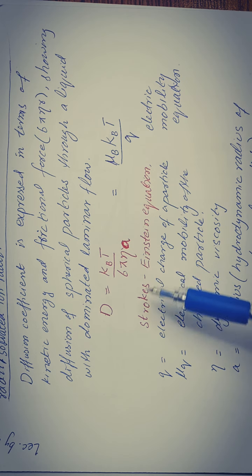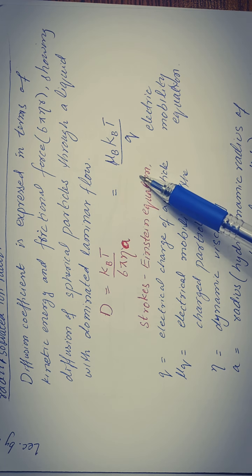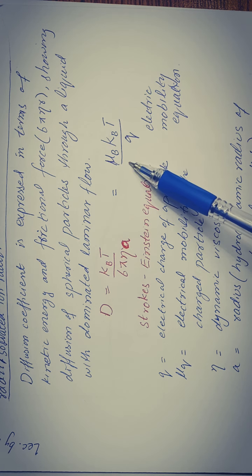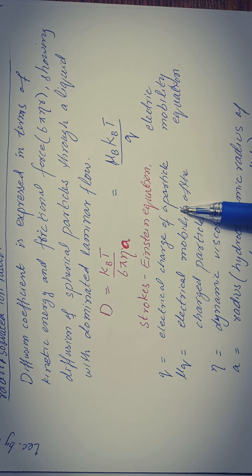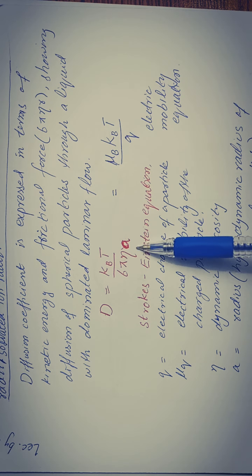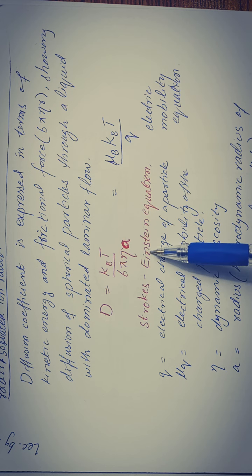This equation is equivalent to the electric mobility equation, that is mu kBT over q, where mu is the electrical mobility of the charged particles, where q is the electrical charge of a particle. So in this equation and discussion, we are concerned about the hydrodynamic or the radii of solvated ions, that is represented as A. So let's discuss with examples.